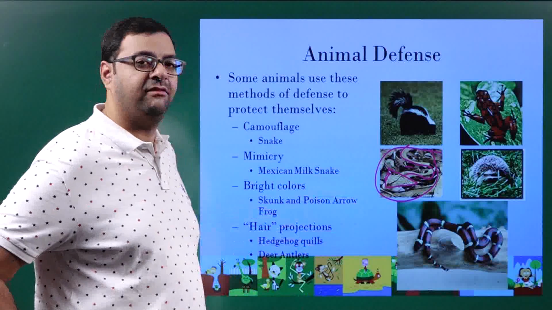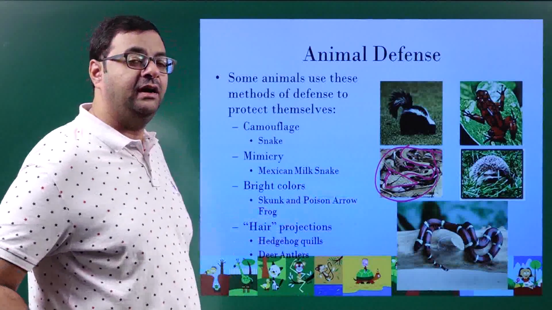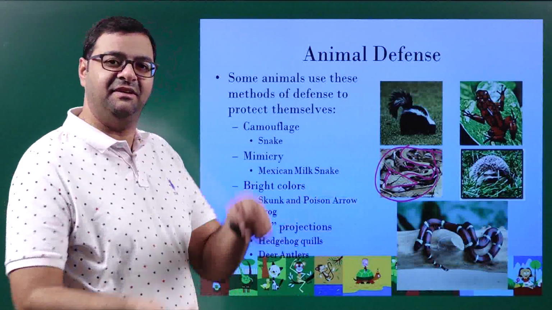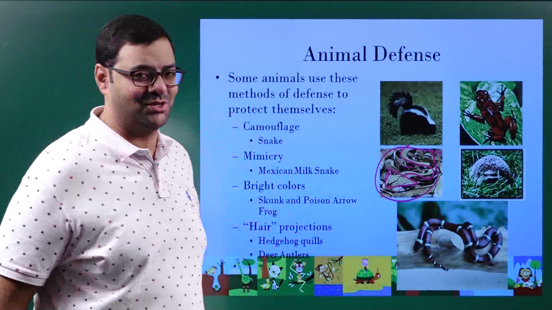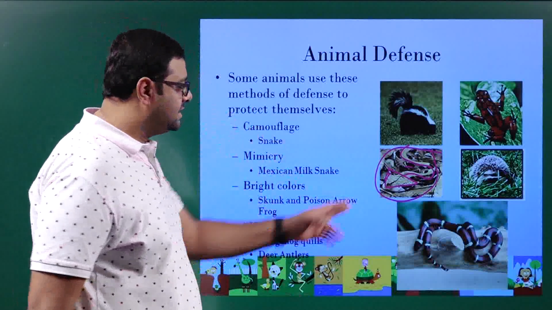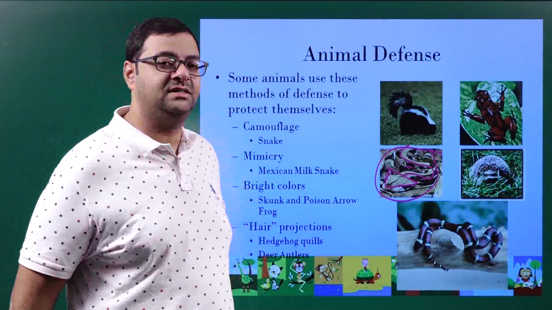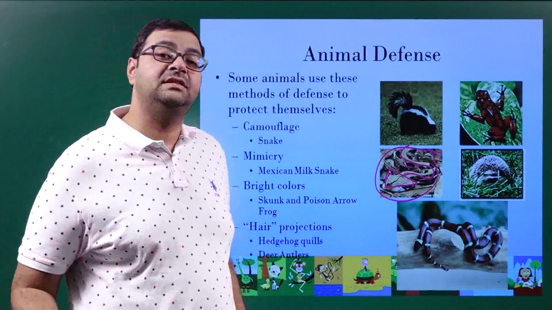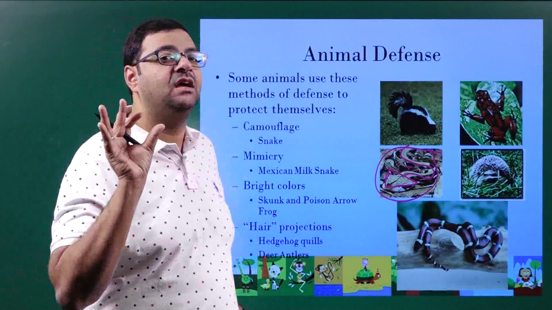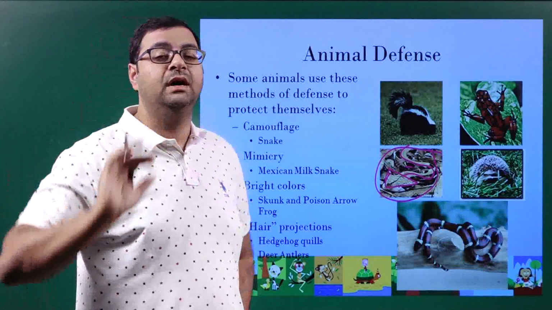It's a perfect camouflage. You cannot see it until you feel it, that is, if it bites you, if you go close to it. So this mechanism is used by the snake to capture its prey, like rodents or any other prey which fits in its mouth, because snakes swallow their food whole.